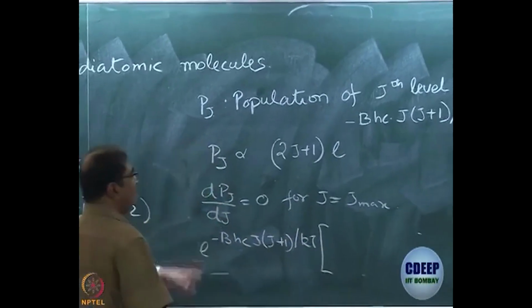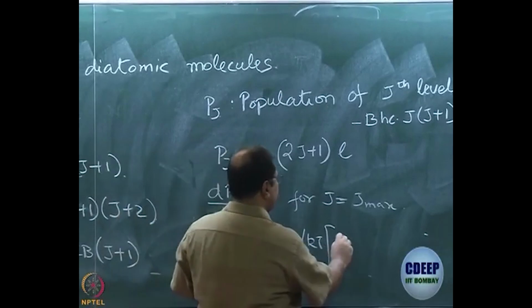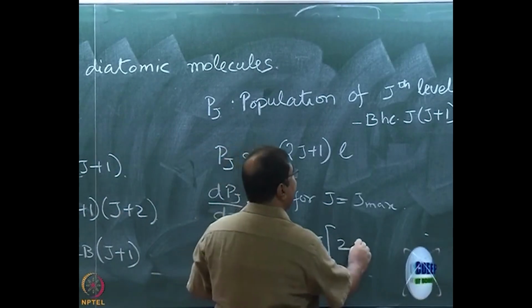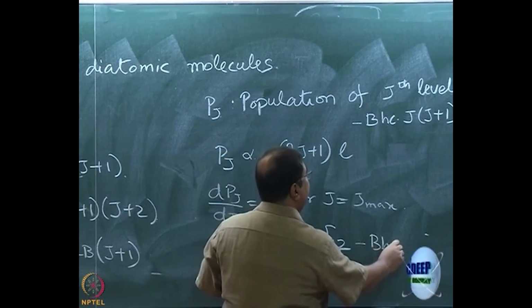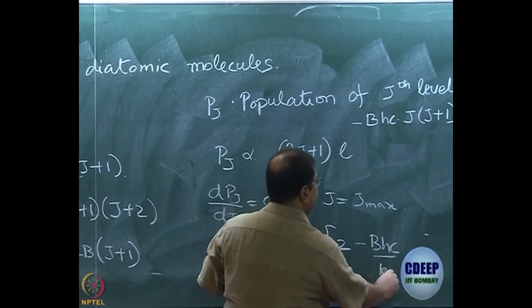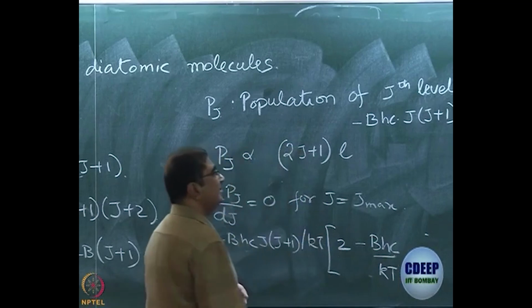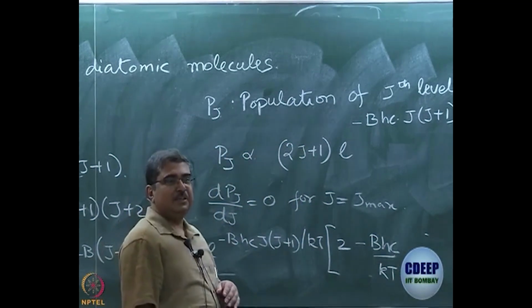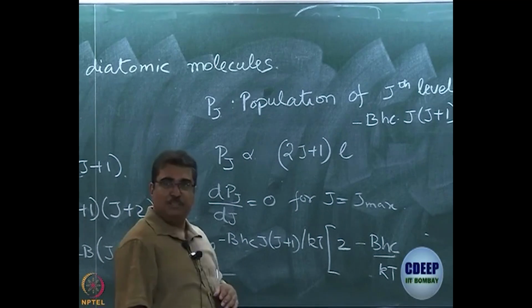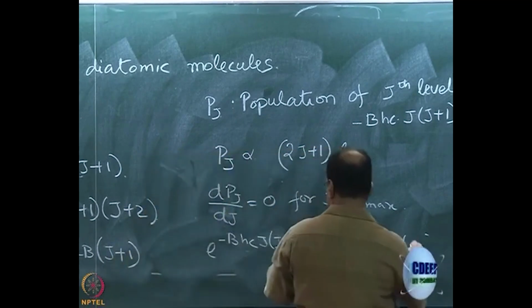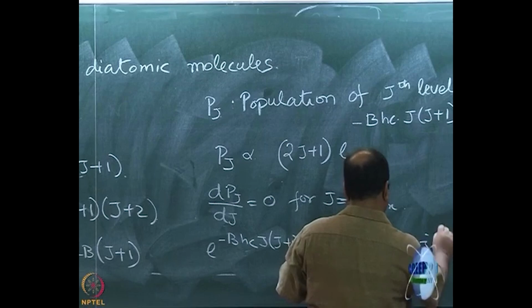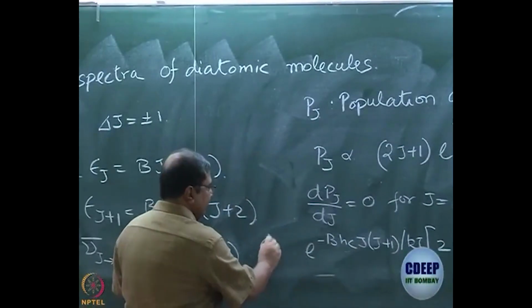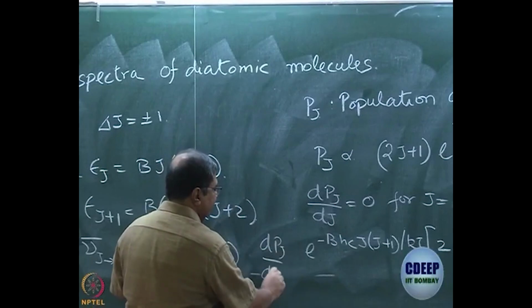If I differentiate the first term, then I get 2. If I differentiate the second term, then I get minus BHC divided by KT multiplied by J square plus J. So, it is 2J plus 1.